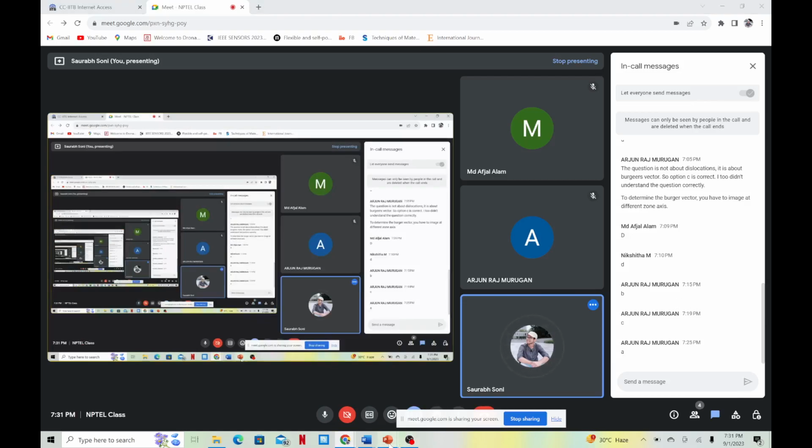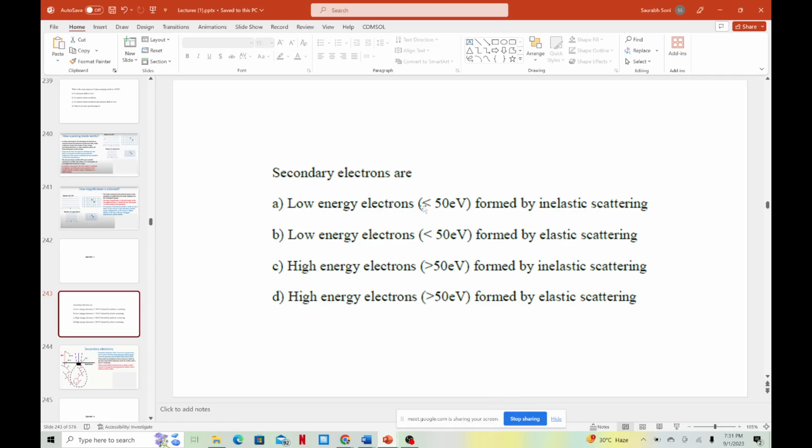Option A. Low energy formed by inelastic. Yes.